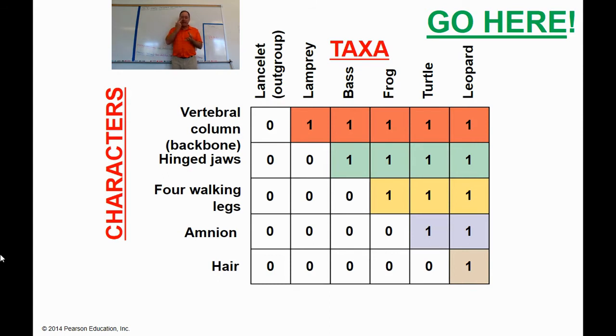That's like an amniotic sac, the sac that has the cushiony, watery solution that helps mama's baby develop in her belly, or hair. They don't have those. And so they're going to be the outgroup. And you always have to have an outgroup. It's like a control. So you're saying there is an organism that doesn't have any of this stuff.